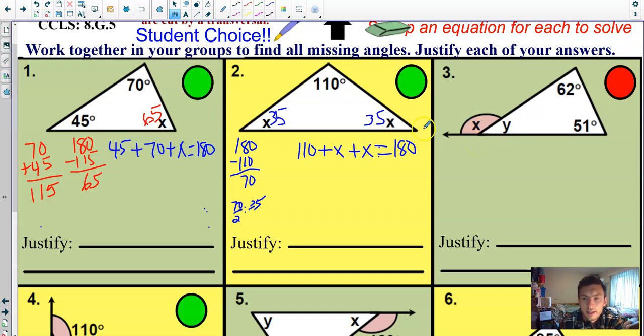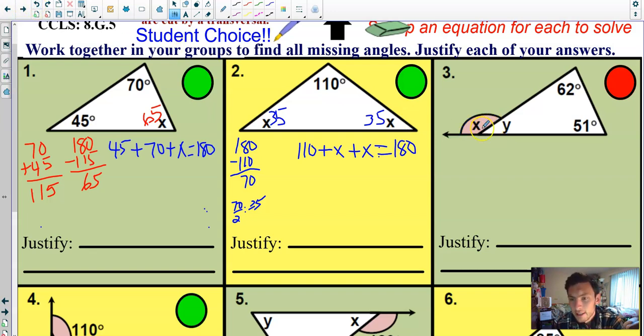The first thing I could do is completely ignore the x and just look at the triangle. So this would be very, very similar to number 1, where I'm just looking for a missing angle of a triangle that we know how to do. And then once I know y, I could figure out x, because x and y together add up to 180, because they form the semicircle, and the bottom of them forms a straight line. So once I know one of them, I could figure out the other one.